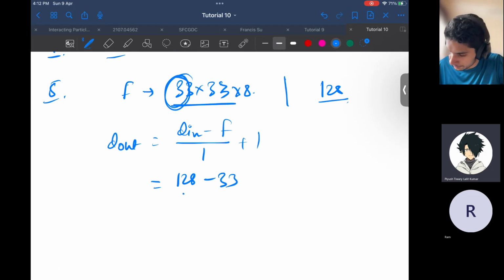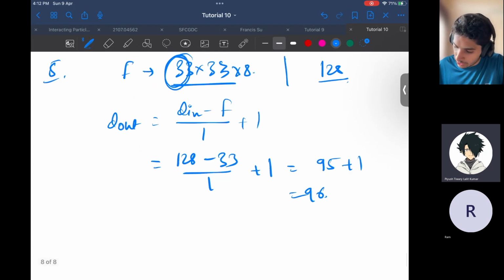So (128 minus 33) by 1 plus 1. What will this be? 128 minus 33, I think it's 95, right? 95 plus 1 will be 96, right? So the output will have a dimension of 96 cross 96.